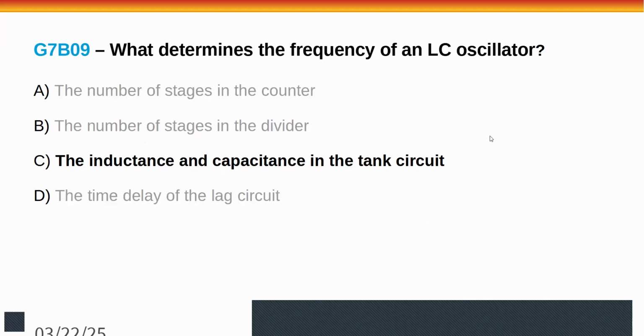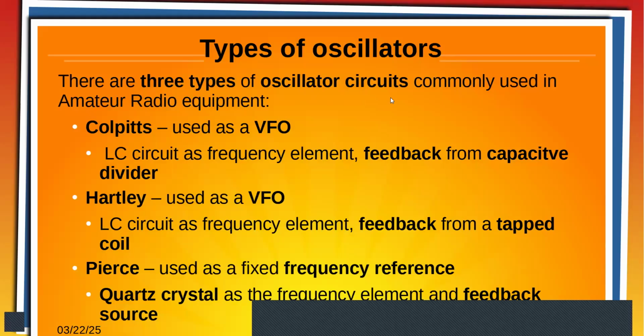Okay, there's more than this, but three basic types we're going to talk about. A Colpitts, named after some guy Colpitts. Typically, it's used as a VFO because you can usually vary the frequency.